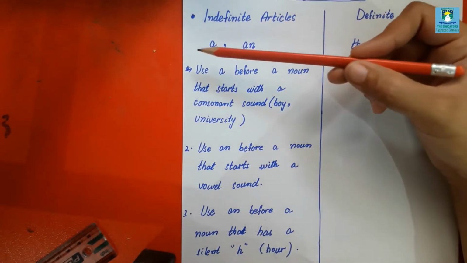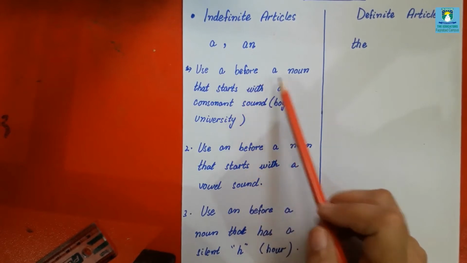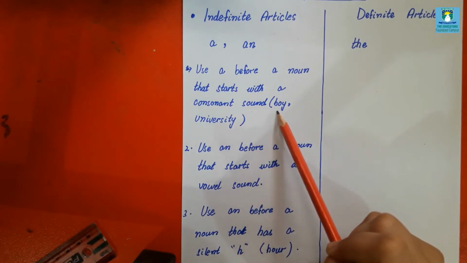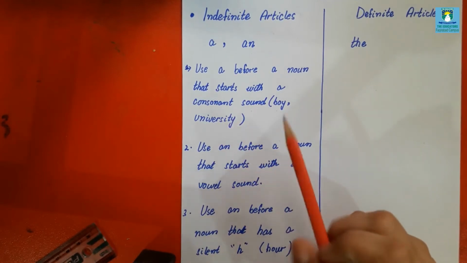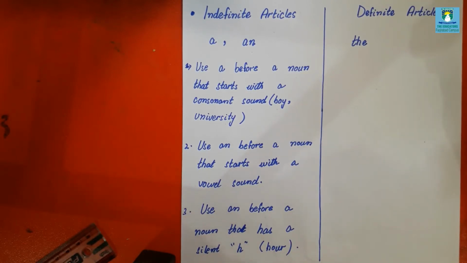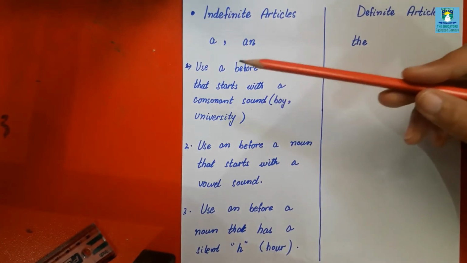Understand? The first rule is use a before a noun that starts with a consonant sound. For example, boy, university. Any noun which is starting with a consonant sound. You know what are consonants? All the English letters other than vowels are consonants. So, if a noun is starting with a consonant sound, you will use a before that.